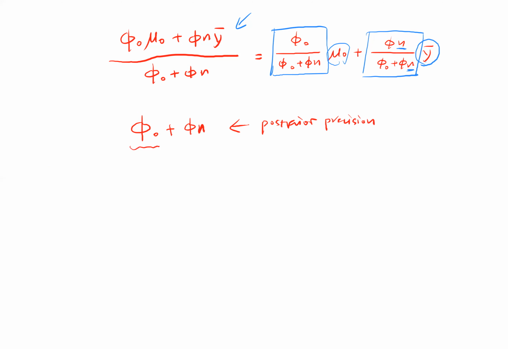So phi 0 is the prior precision, phi is the data precision, and then we show that the sum of these two, phi multiplied with n, will be the posterior precision.